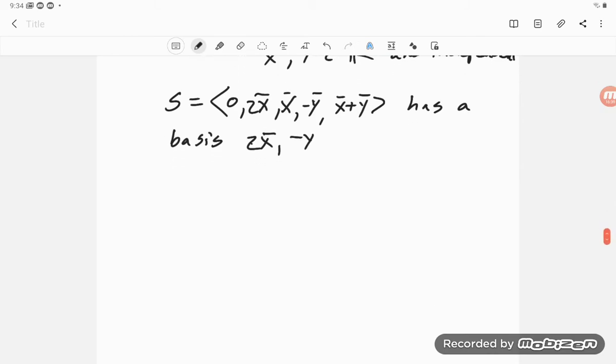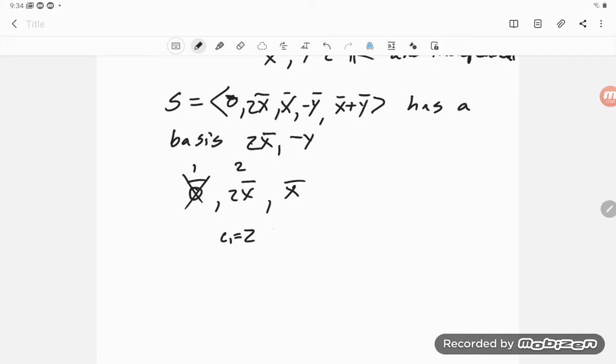So you see, as we go left to right, we have the 0 vector in the first spot, and we can't use that. Our first non-zero vector is 2x, in spot 2. So our C1 is equal to 2.